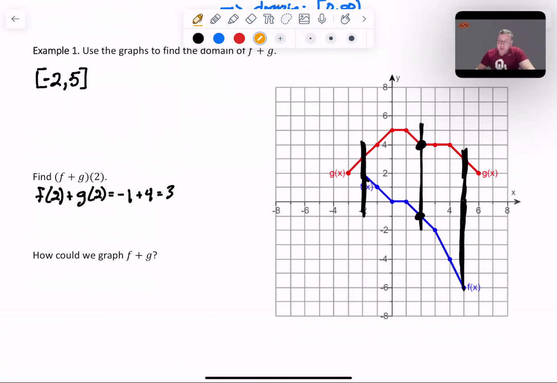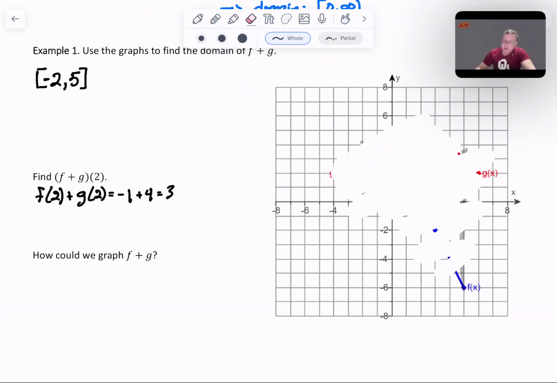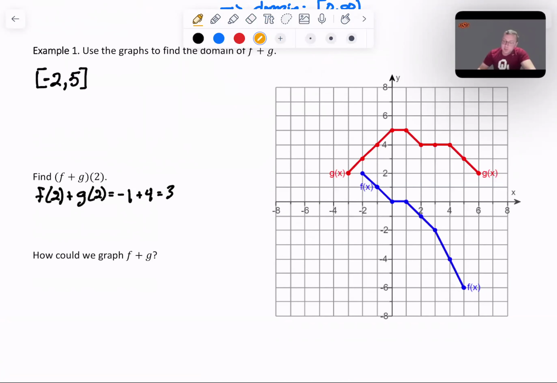What we're going to do is look at the piece where both of these are defined, and we're going to do f plus g at each of those numbers. So I'm going to do f of x plus g of x from -2 all the way up until 5. So if I do that, here, f plus g would be 2 plus 3, or 5. So here's the first point of f plus g.